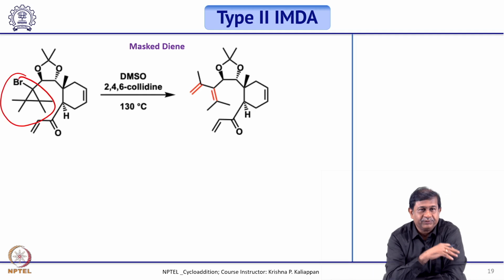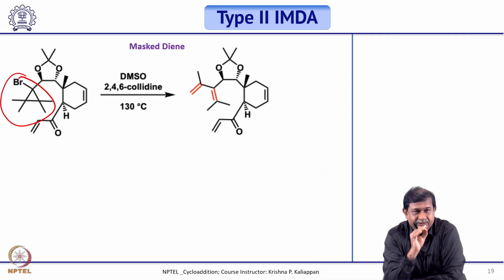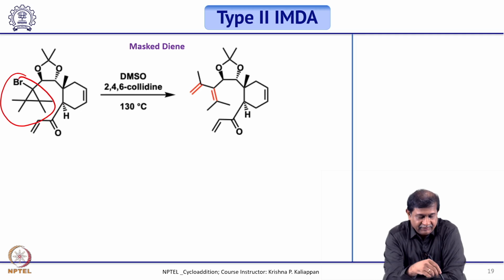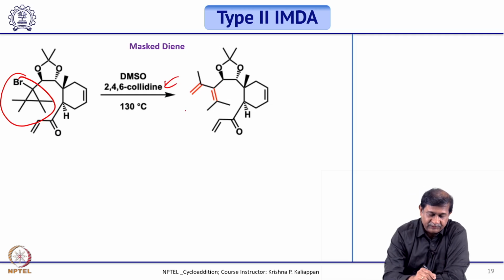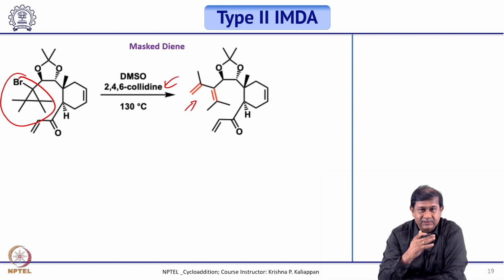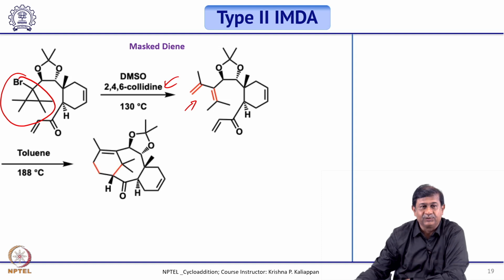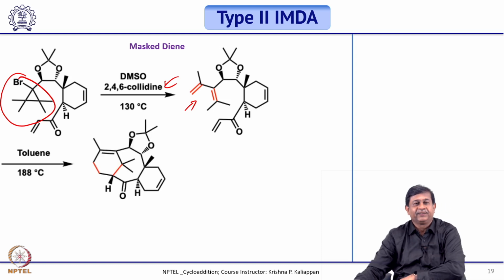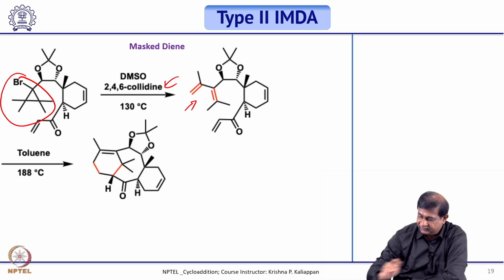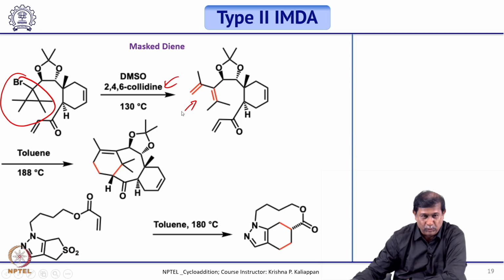So, now if you take this heavily substituted cyclopropane with bases like 2,4,6-collidine, that undergoes elimination of HBr to generate this diene. Once it generates, it automatically undergoes intramolecular Diels-Alder reaction to give this tricyclic core structure of Taxol.